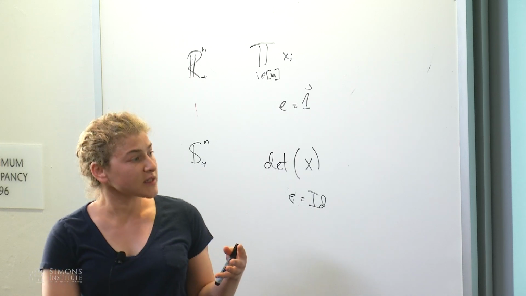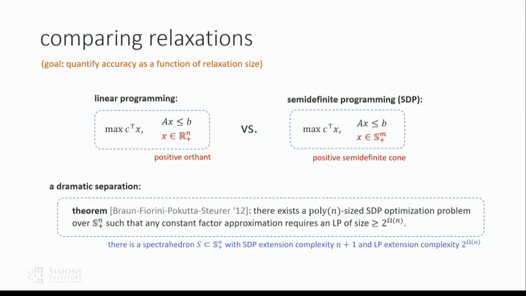So there are SDPs that have size polynomial in n over n by n PSD matrices, so that if you want to get a constant approximation factor to this spectrahedron, you need a linear program of size at least exponential. Okay, or if you're fluent in extended formulations, there are spectrahedra that have extension complexity n+1 over SDPs and extension complexity exponential over LPs.